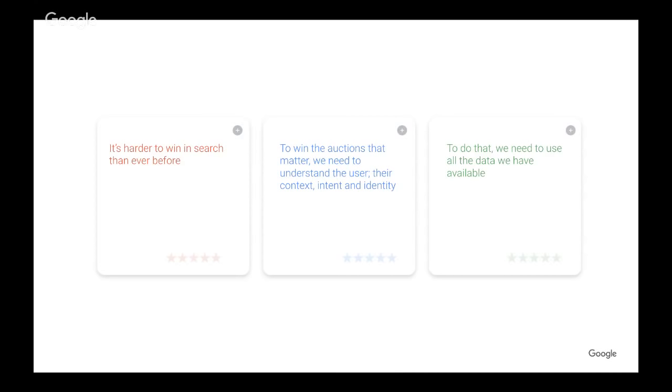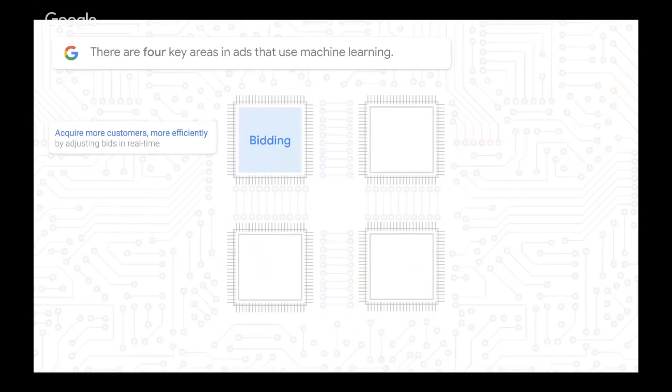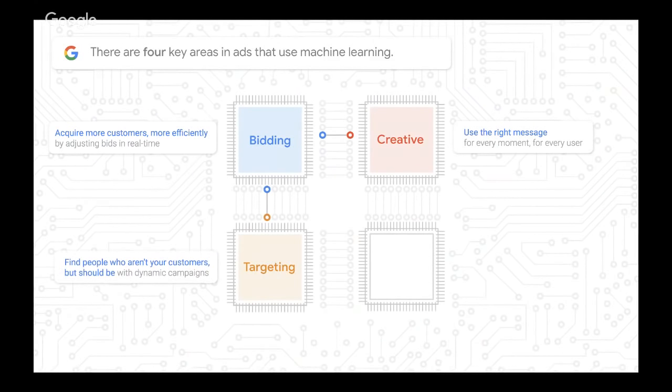So yeah, we have more data signals and we need to use that. And how do we do that with Google? The 4 main areas where we use all the signals and automation, what we often refer to as machine learning, are bidding, creatives, targeting, and attribution.